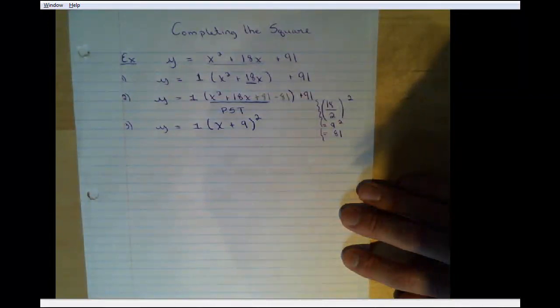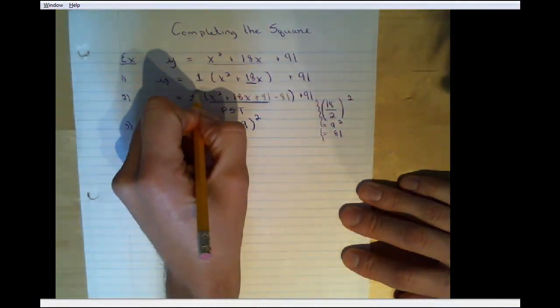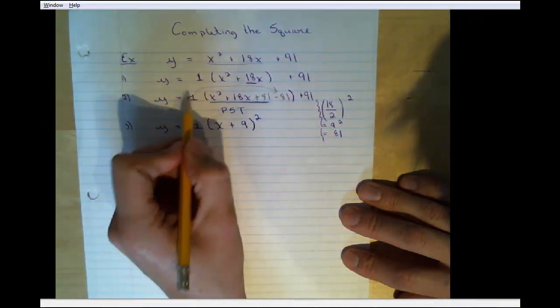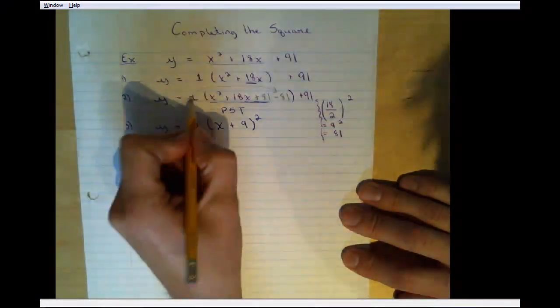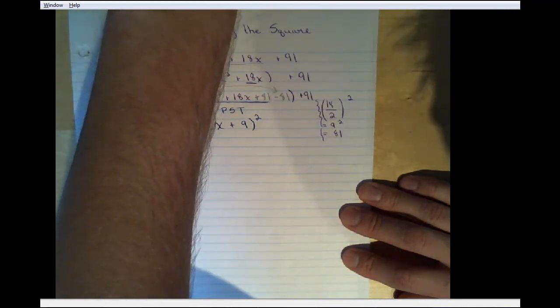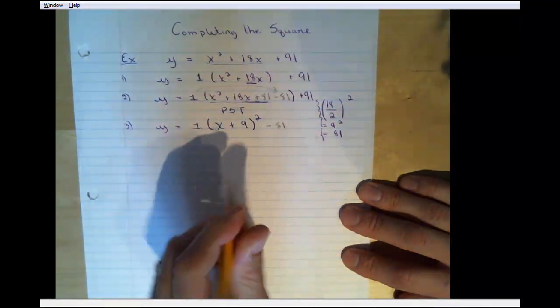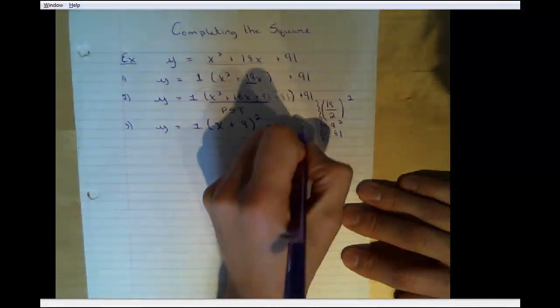You're good to go. Now, you can't forget, you've only dealt with these three. You need to deal with this final number here. And you need to make sure you're multiplying your coefficient you brought out here into it first. This is really easy, it's just 1. So 1 times minus 81, it just comes out and it becomes minus 81. Don't forget to bring down your plus 91.